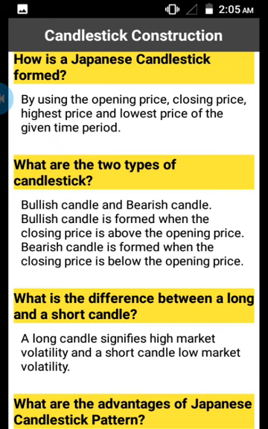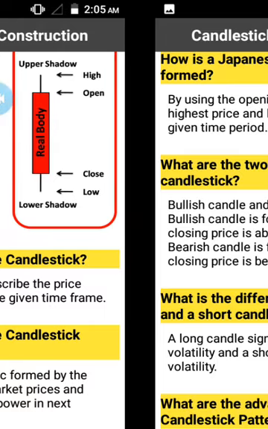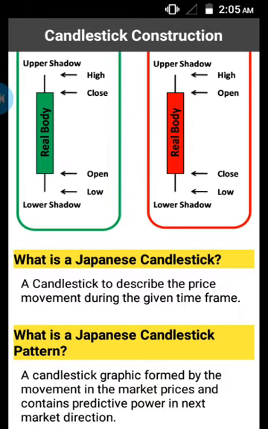How is a candlestick formed? A candlestick is formed by using the opening price. Let's go back to our previous example. Look at both the red and the green candlestick. You see where the arrow is indicating open. That's where a candlestick opened, both the bullish and the bearish candlestick. You see that?